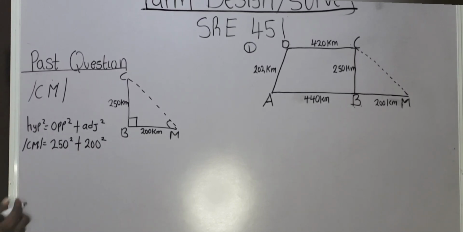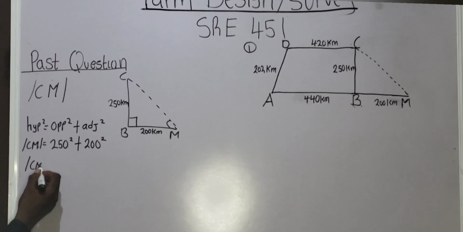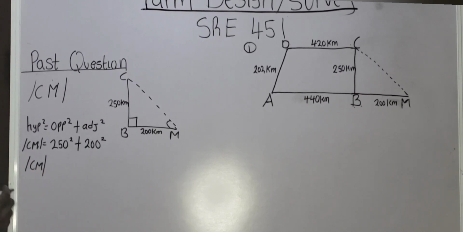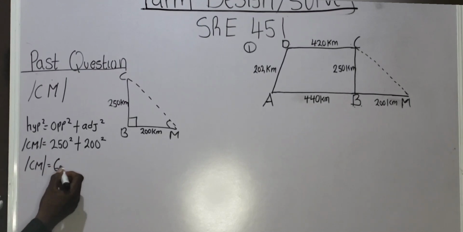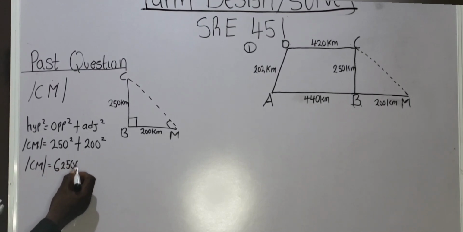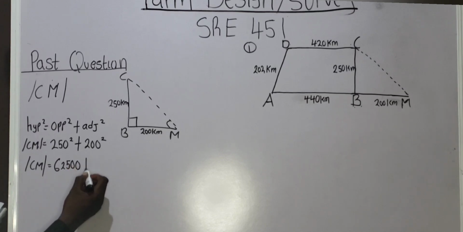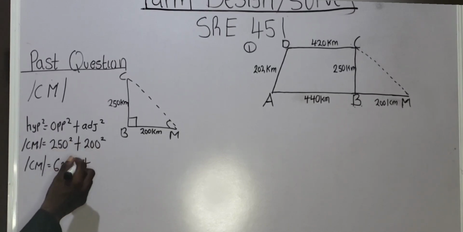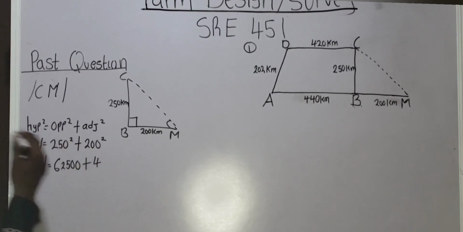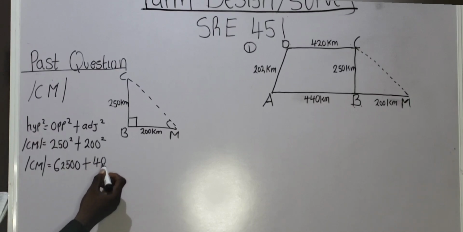The square of 250 is 62,500, plus, if you square 200, that is 40,000.